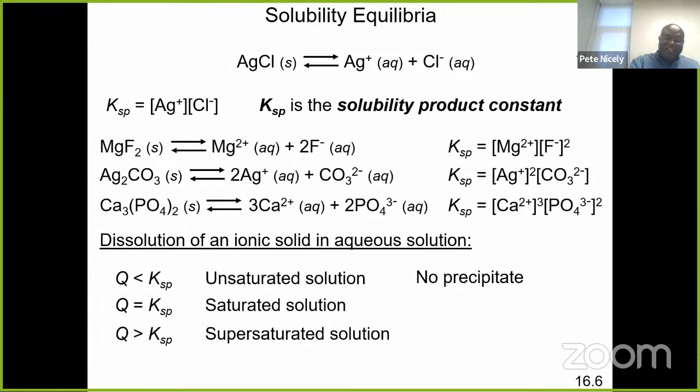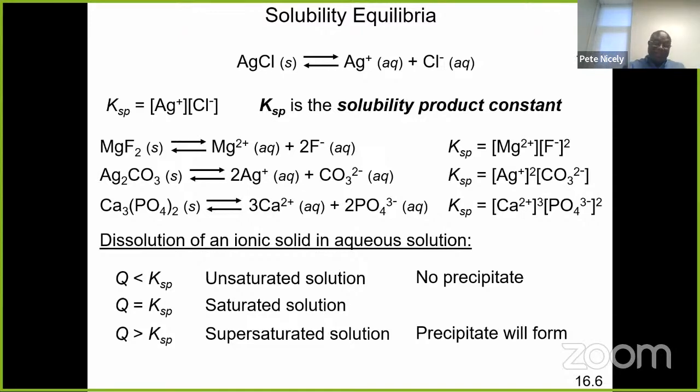Therefore, what will happen almost immediately is that a precipitate will form. We're going to see some examples. In fact, the assignment questions in assignment 5 later on will deal with this sort of situation, where you have to make predictions as to whether or not a precipitate will form.